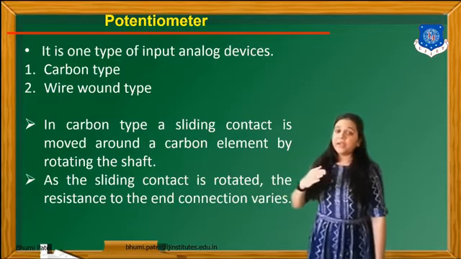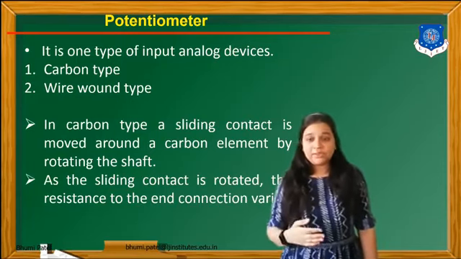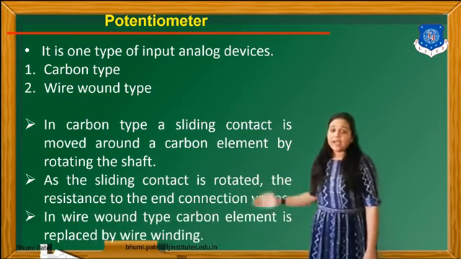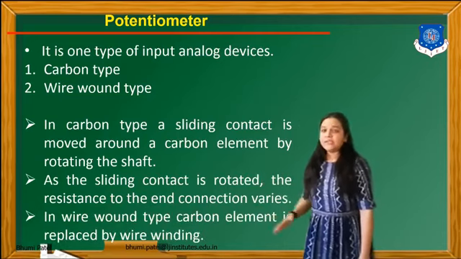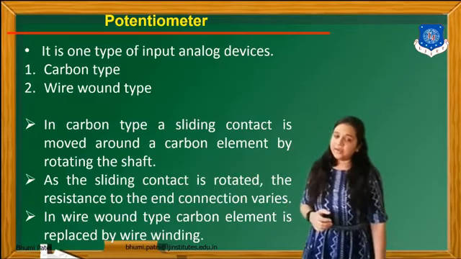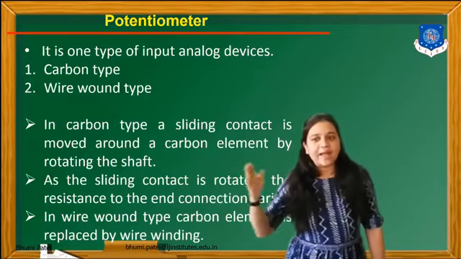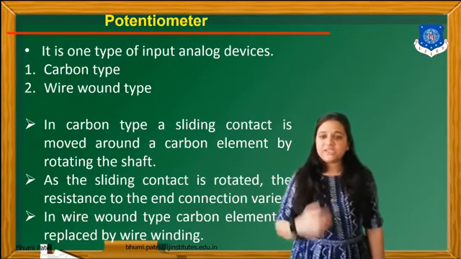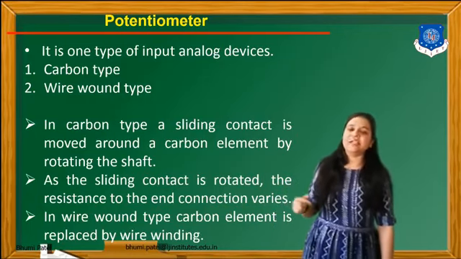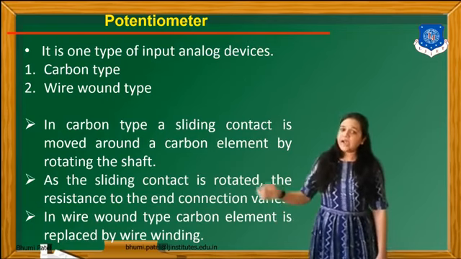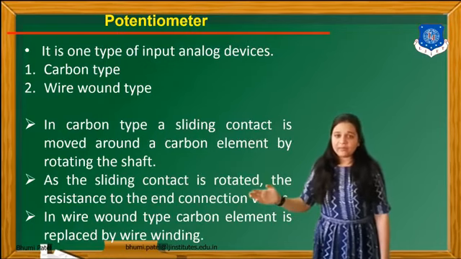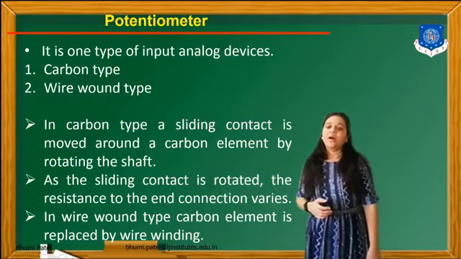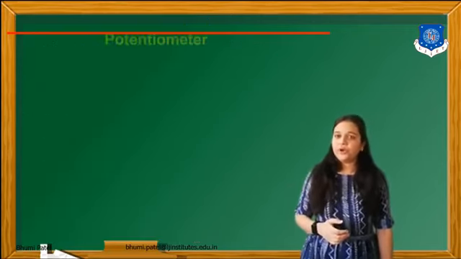In the wire wound type, the carbon element is replaced by a wire winding. The function of the carbon type and the wire wound potentiometer is the same, but the construction is a little bit different. In the carbon type they use a carbon element, and in the wire wound type they use a wire winding.